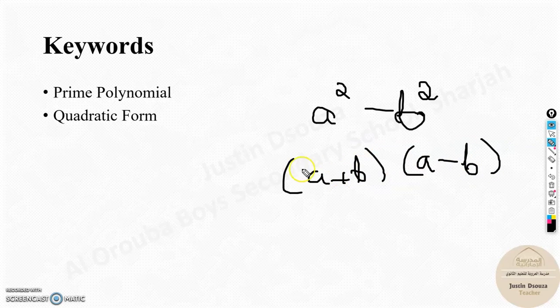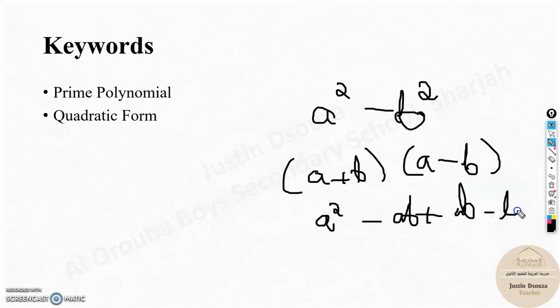So if you multiply over here, you will get the same answer. The identities can be proved. It'll be a squared minus ab plus ab or ba, it's the same thing, and then lastly we have minus b squared. So the middle term cancels, and you will remain with a squared minus b squared. So this is not a prime polynomial.